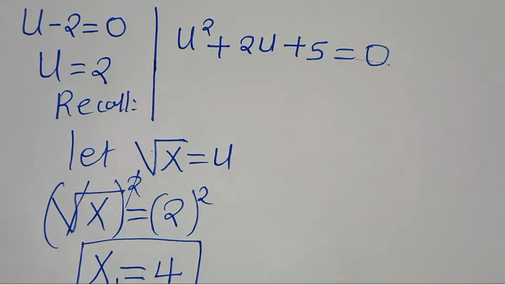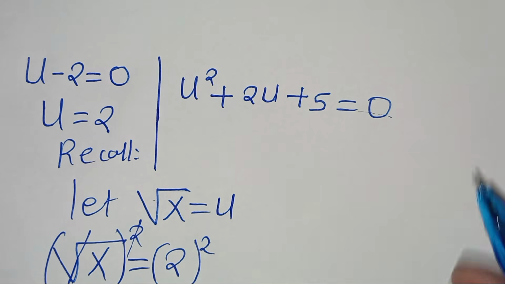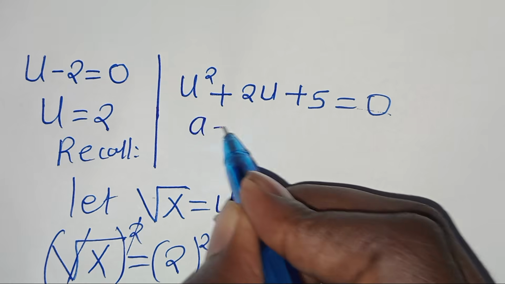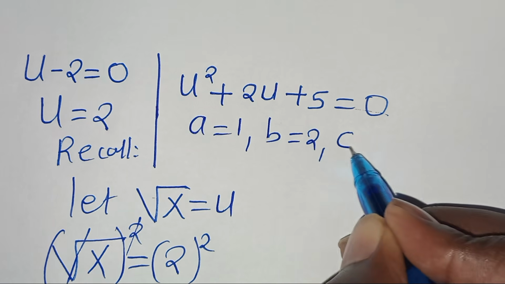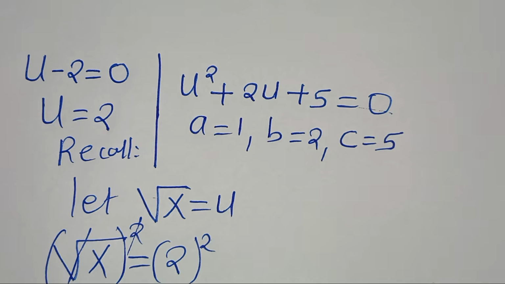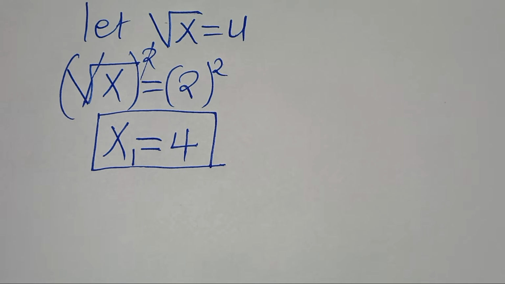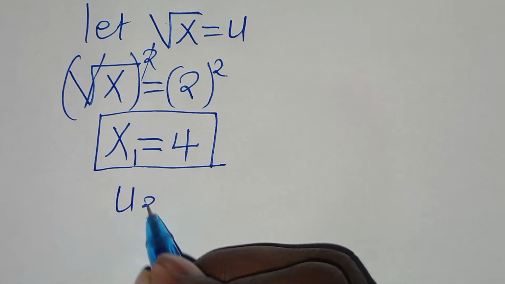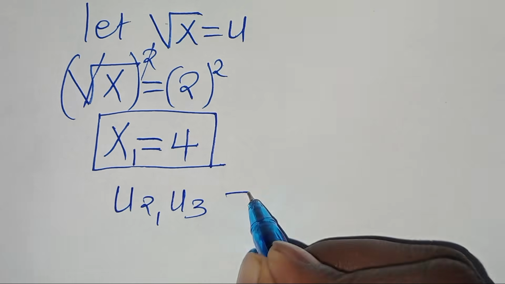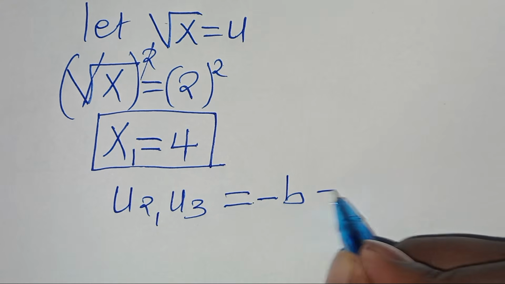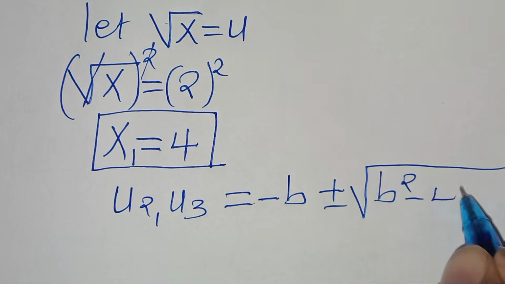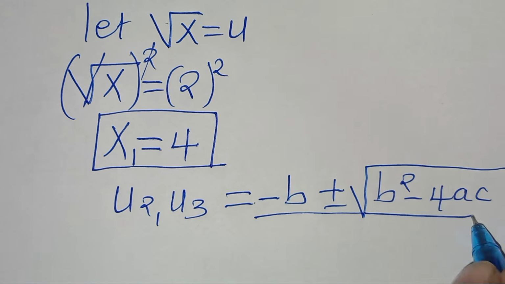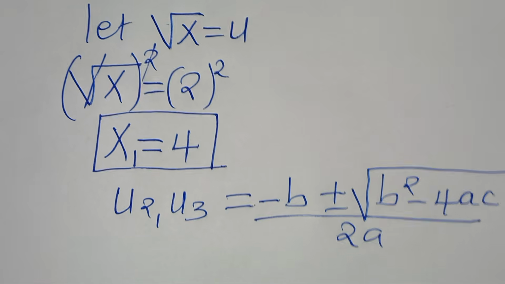Now, the second part here, we have a quadratic equation where a is equal to 1, b is equal to 2, and c is equal to 5. So we can solve for u2, u3 by applying the quadratic formula, which is minus b plus or minus the square root of b squared minus 4ac, divided by 2 times a.